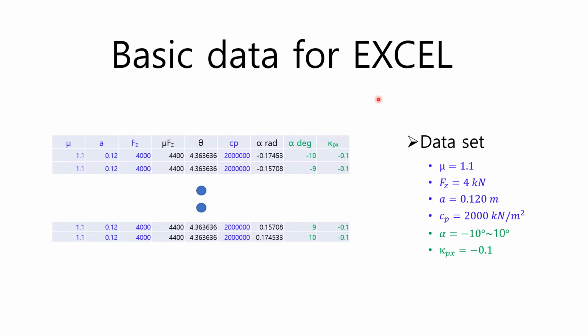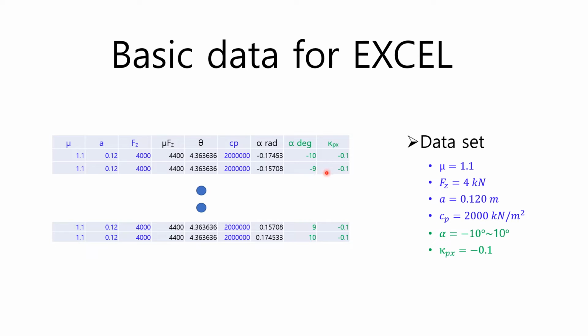Let's draw a graph with the longitudinal slip fixed to a constant value -0.1 and the side slip angle varied from -10 degrees to +10 degrees at 1 degree intervals.